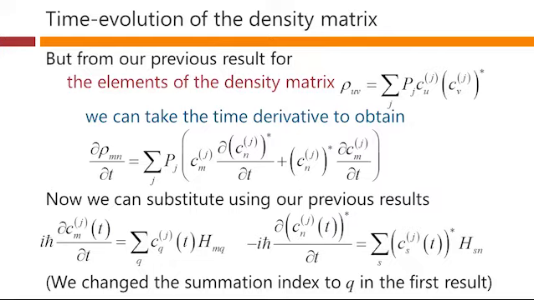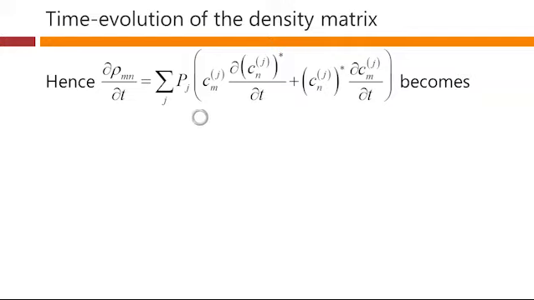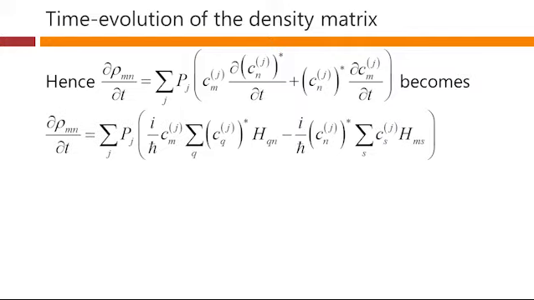Note that we have changed our summation index to Q in the first of these results here. We're using Q in here. Hence, this expression becomes the following expression. As I said, we changed the index to Q here.